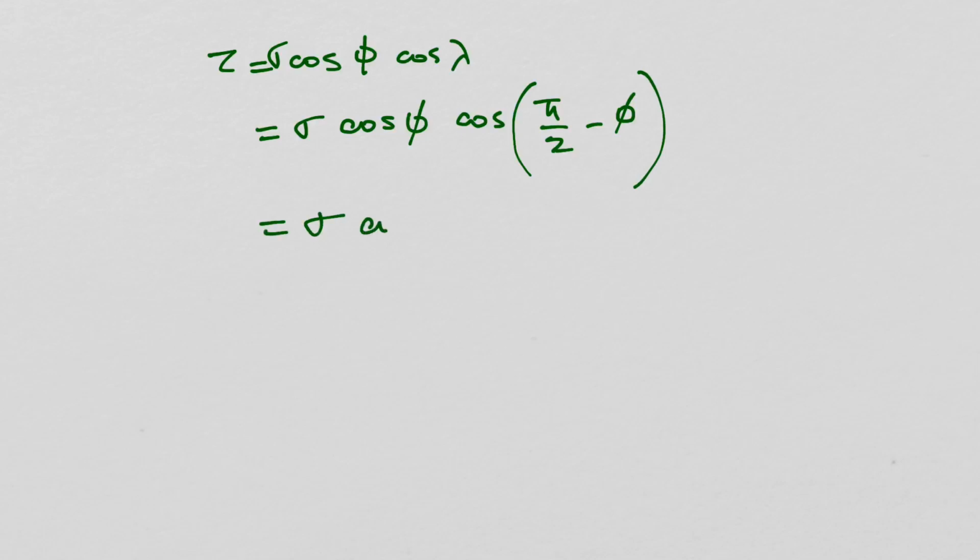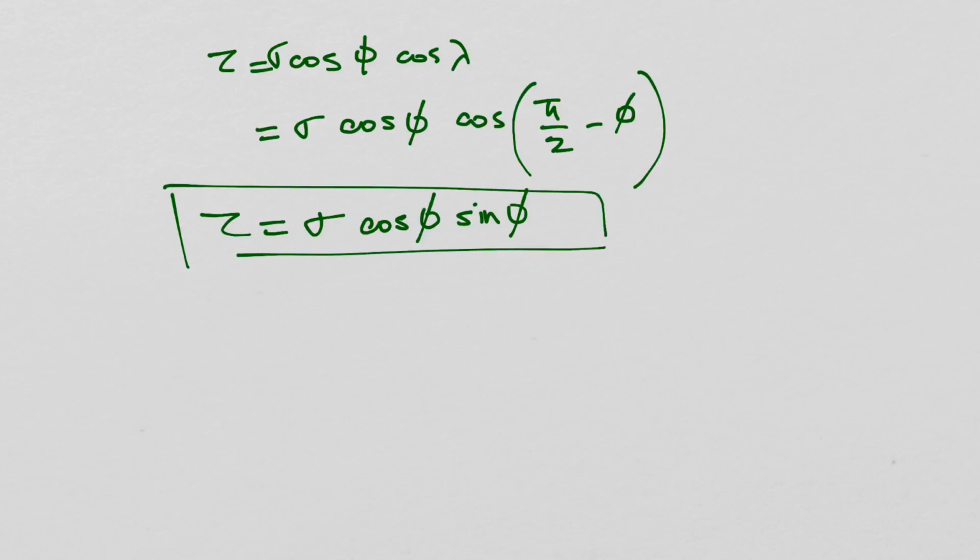So this gives me, when this relationship is maximized, when you define phi as pi over 4, tau is reaching the maximum value, because it's becoming sigma over 2.